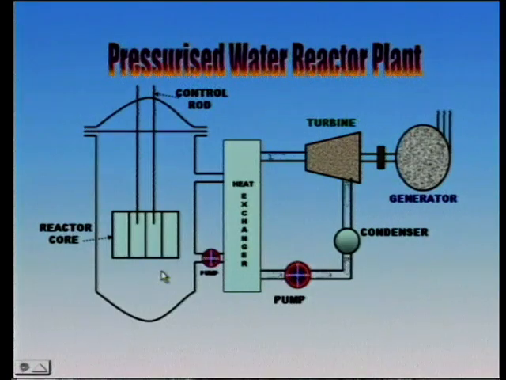The water it carries flows through and gives away the heat in the heat exchanger to the water which gets converted into steam, flows through the turbine to the condenser back to heat exchanger, as well as the mechanical energy that is generated is given to the generator, which converts the mechanical energy into electrical energy.